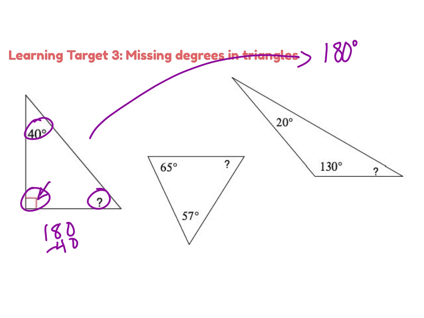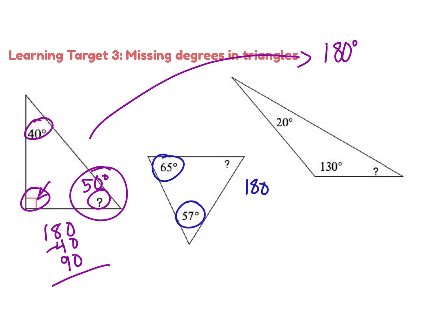How many degrees is this? That's right, it's a 90-degree angle. When I subtract all that, I get 50 degrees left over for this angle here. Again, every time I have a triangle, I'm going to start with 180 and take away. If I'm taking away 65 and taking away 57, sometimes I like to put these two together, so I have 122.